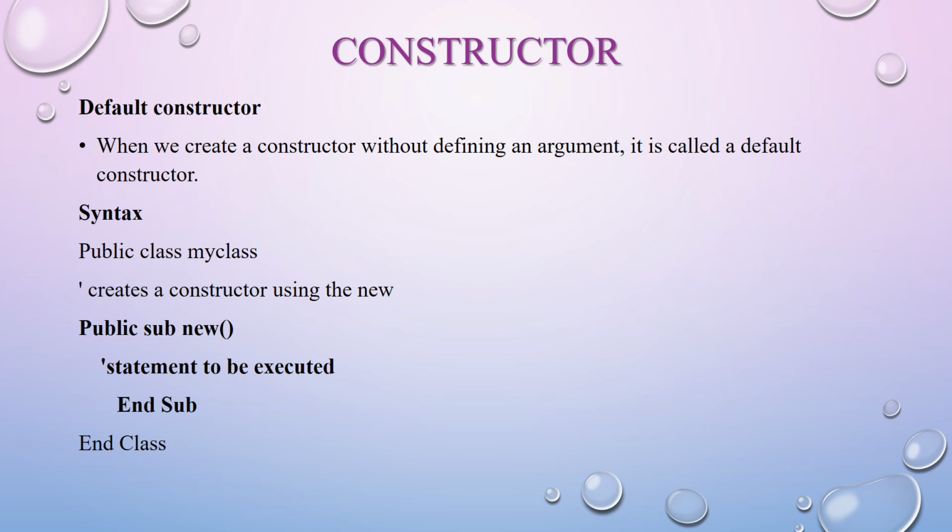This means whenever I create an object of myClass, the code inside the constructor will execute automatically without me having to call it separately. We usually use the default constructor to initialize values or display a message when the object is first created.